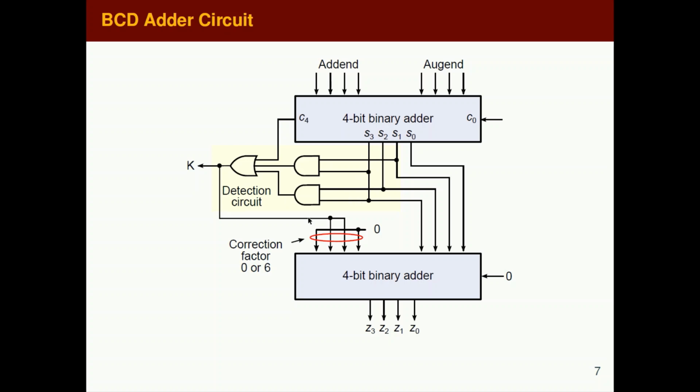So you get K here. K here equal to 1 is connected to these correction factors. If you notice, the one here connects to the third bit and second bit. The first bit is 0 and the fourth bit is 0. So this actually represents 6. Whatever binary summation you get, you must add 6 here in order to get the BCD.